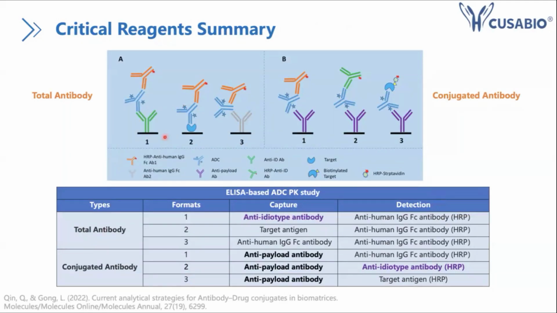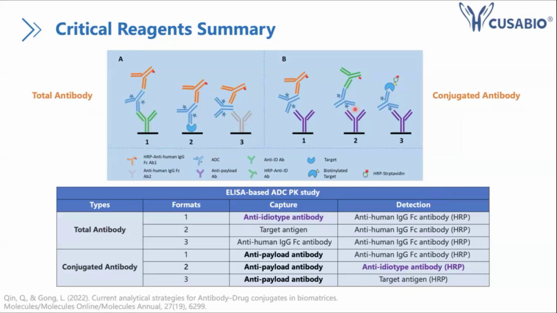For total antibody, the capture reagent can be the anti-idiotype antibody, can be the target antigen, or can be a general reagent. But I will say the anti-idiotype antibody is pretty specific and also has pretty high sensitivity, so it will capture the antibody portion very specifically.